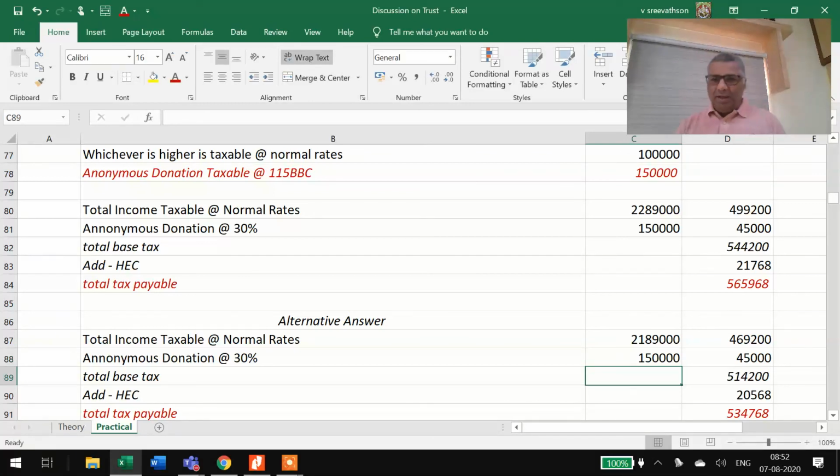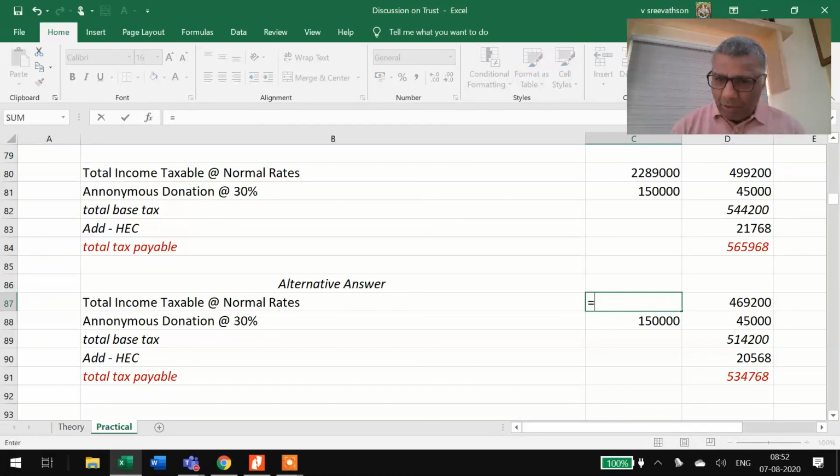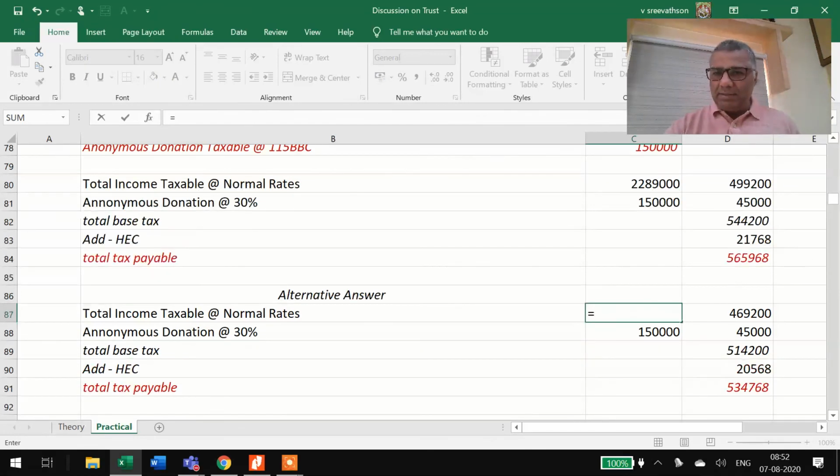Okay, the alternative answer. Please take your time in understanding this. There are some people, I will tell you my opinion also. The Institute is not giving its final answer, it is just saying it's an alternative answer. There are some people who claim it like this. Understand this case.